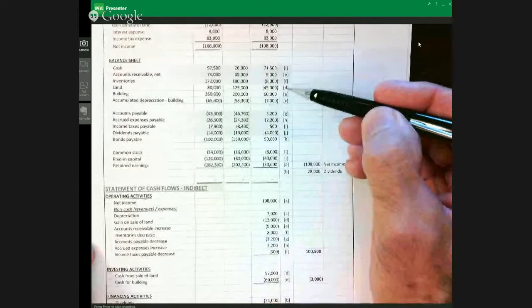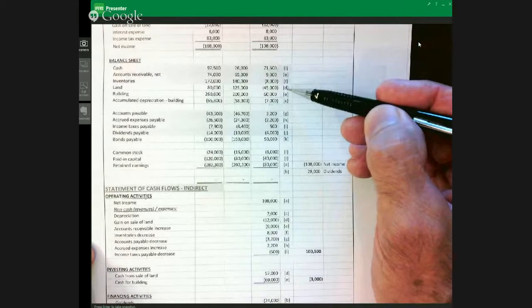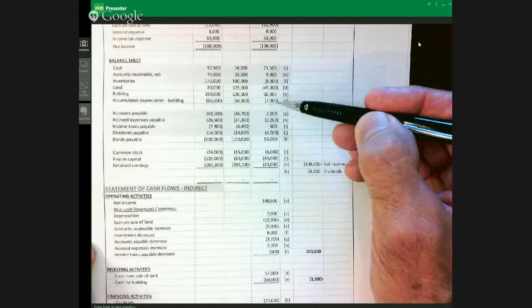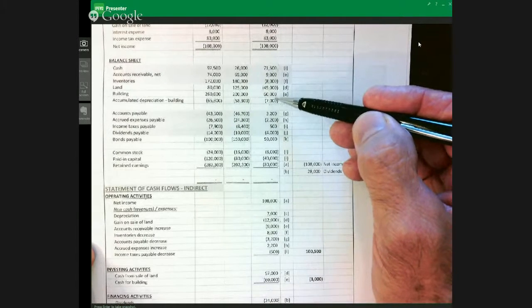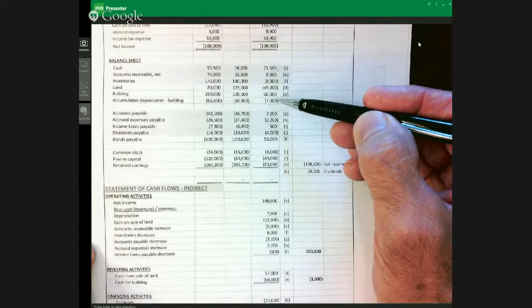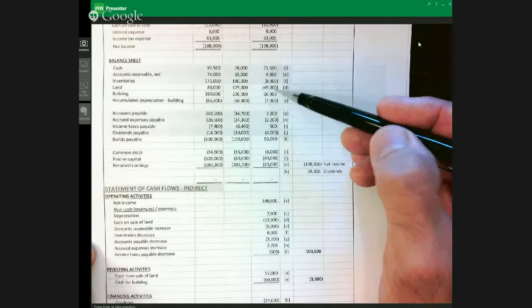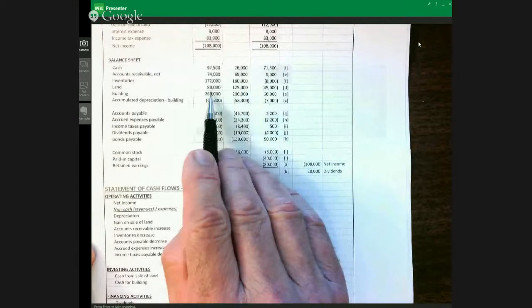Next item is land. And remember, land is a long-term asset, and here is where the investing activities start. So any change that comes about from land, building, or changes in intangible assets would be an investing activity and not an operating activity. So land, as we just mentioned, started the year at $125,000, went to $80,000.